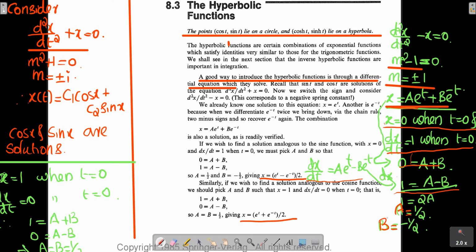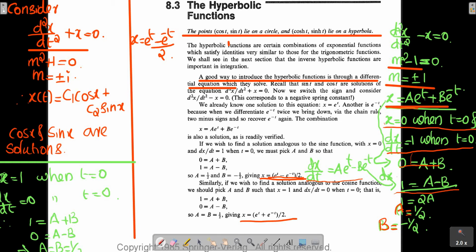Right? So this equation is given by x is equal to e raised to t minus e raised to minus t by 2. So our aim is to find out this corresponding relation. What we have got is x is equal to e raised to t minus e raised to minus t by 2.